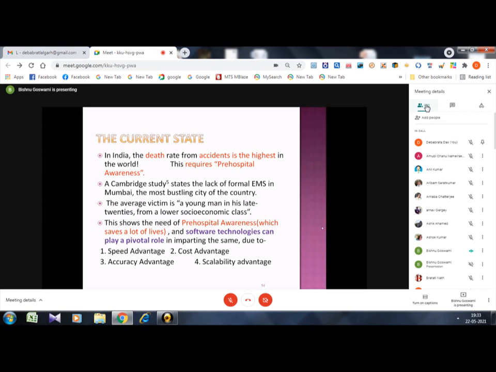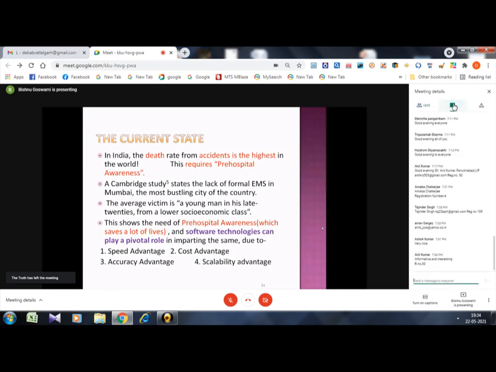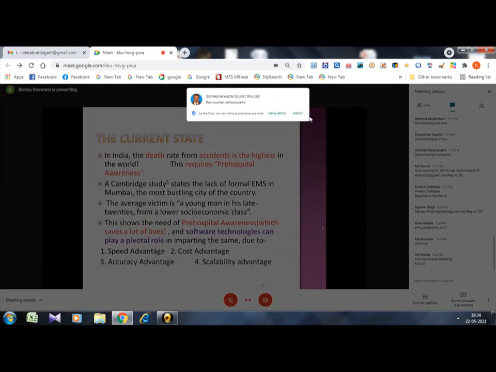This also has the cost advantage because the applications can be provided for free as compared to, say, books or other leaflets which need some money and are locationally limited. They have the advantage of accuracy because we can have up-to-date information about the hospital facilities, the healthcare facilities in the application, and the scalability advantage is also there.